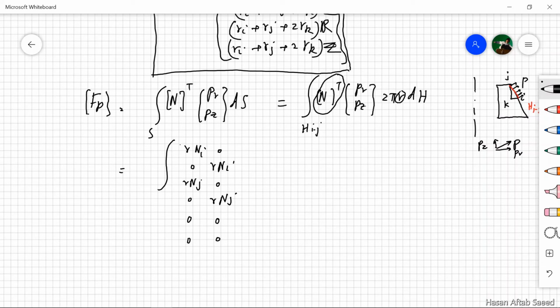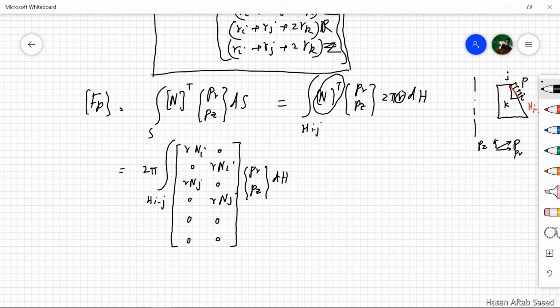These last two are associated with node k, which has nothing to do here, as long as the pressure is applied at the ij node. Now here we have pr, pz, 2 pi goes outside, and this is a line integral.